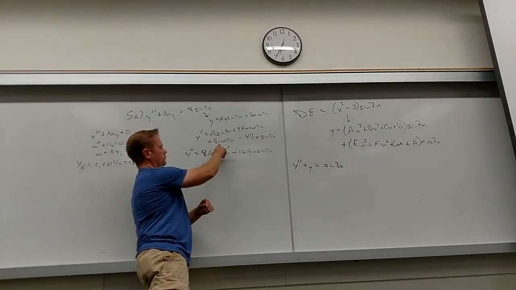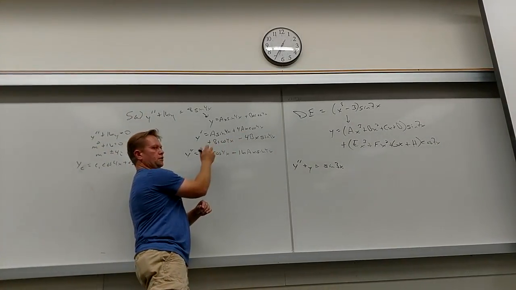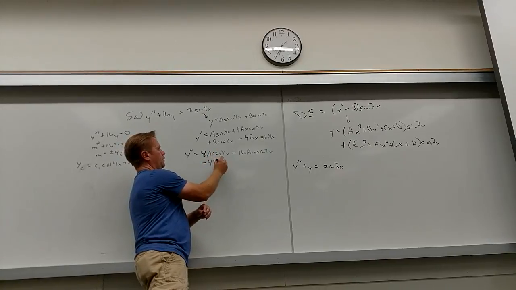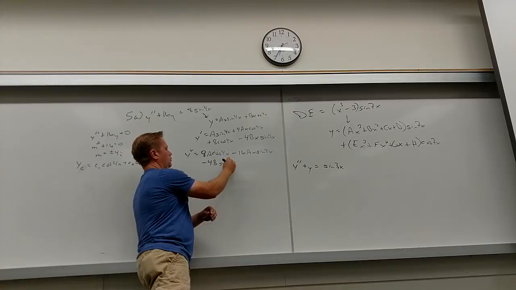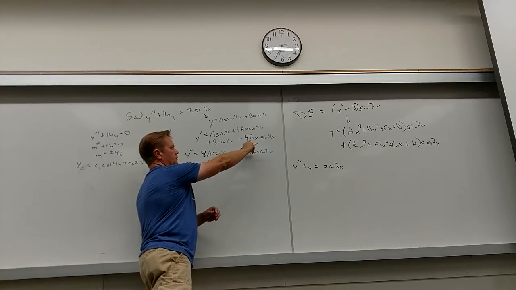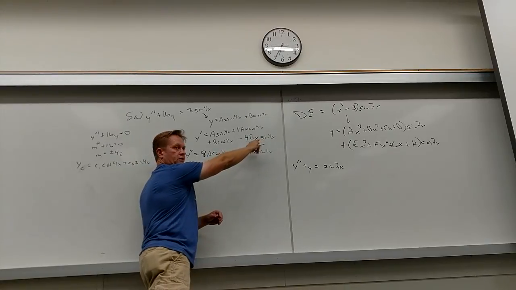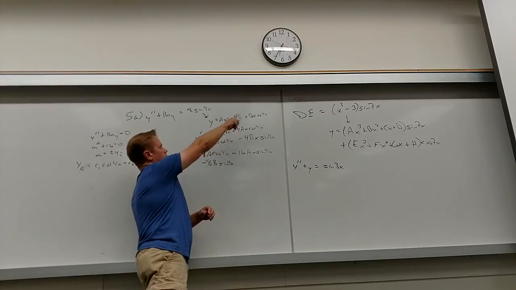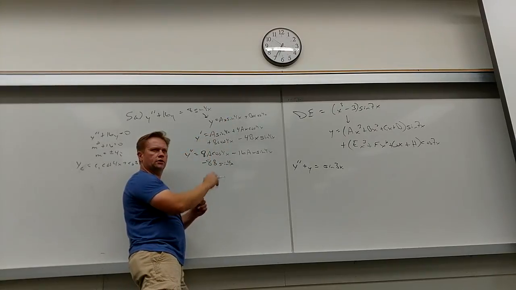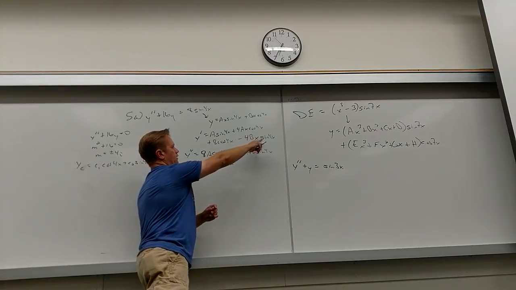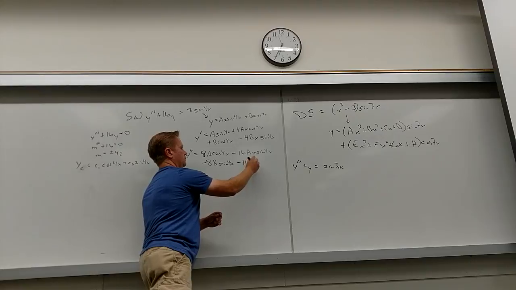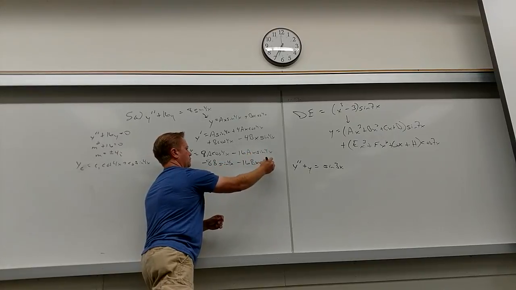So now I'm here. So that'll be minus 4b. And of course here I'm going to get minus 4b sine 4x again, right? It should be that way. They should be analogous to each other as you go through. And then finally, minus 16ex sine 4x.